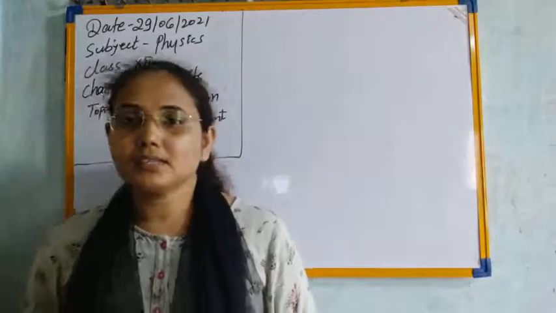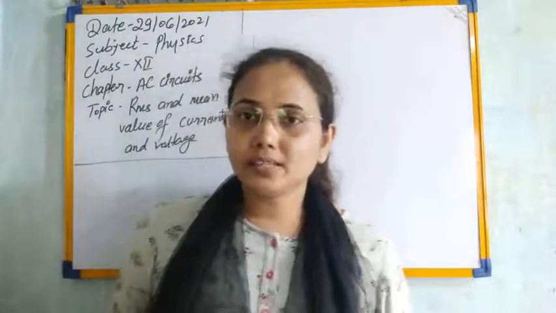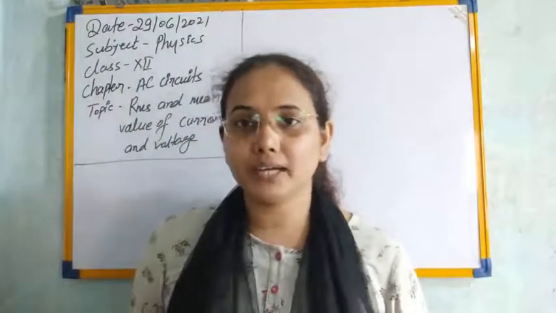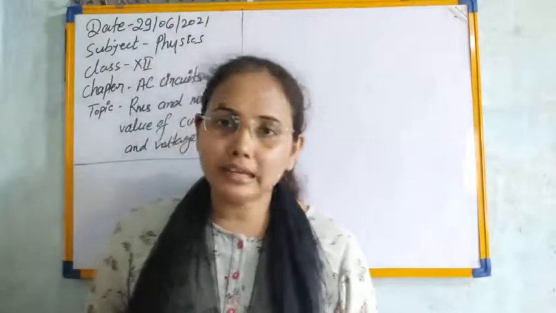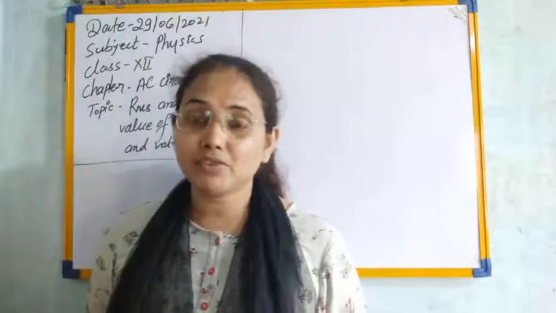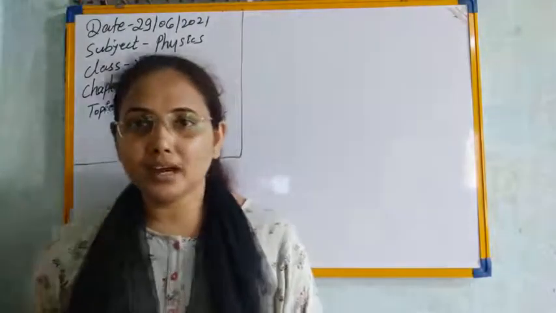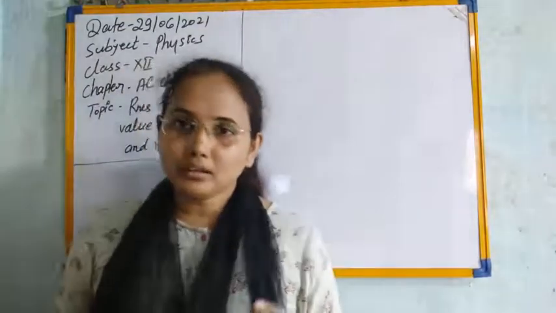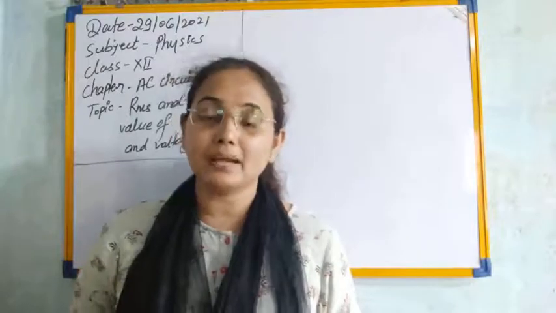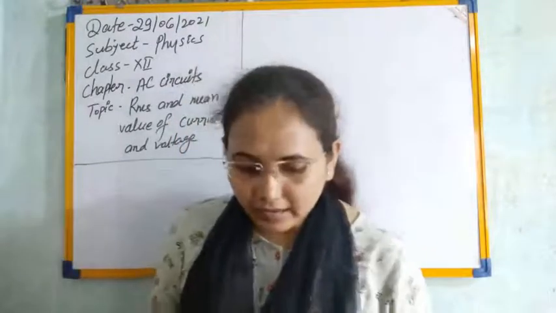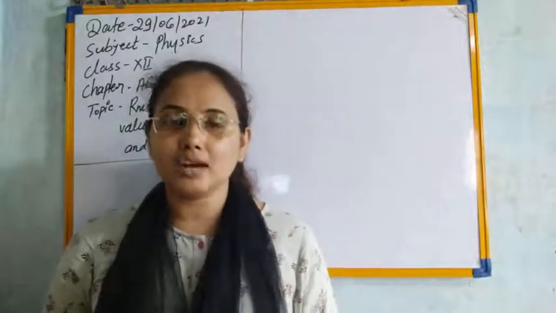So after the discussion of mean value of current, we can now discuss the root mean square value of the current. First, why do we need the mean value or RMS value of current and voltage? I told you in yesterday's class that we cannot measure or detect alternating current and voltages by a galvanometer, because a galvanometer depends on the direction of motion of the charge or current.